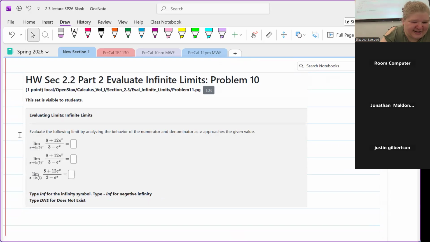So when we plug in the natural log of 3, e to the natural log of 3 is 3. So on the bottom of all of these fractions, we're getting 3 minus 3, which is 0. So what we're getting here is some sort of asymptotic behavior, but whether they're both going to the same side or opposite sides is hard to tell.